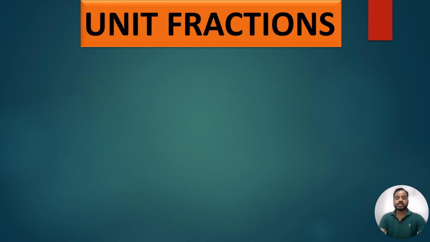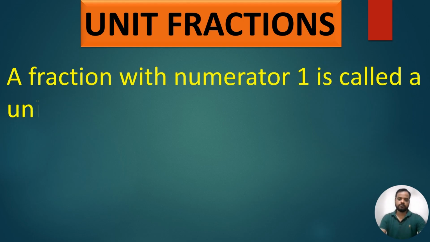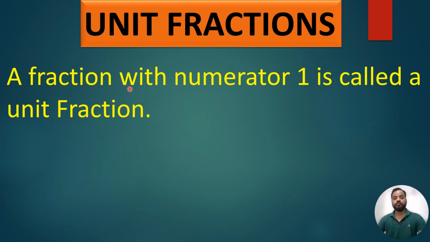Next, we will understand what unit fractions are. A fraction with numerator 1 is called a unit fraction. If the numerator of a fraction is 1, we call it a unit fraction. Let us go through the example.